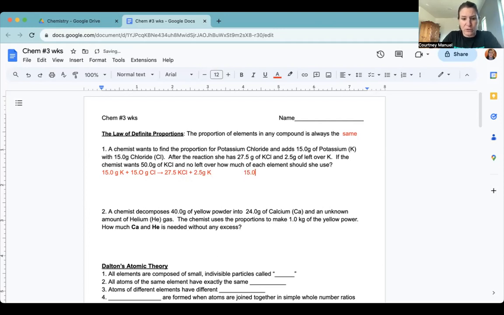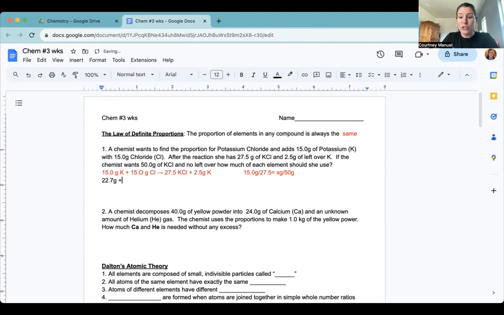So 15.0 grams of chloride divided by the end result of 27.5 potassium chloride is going to be equal to X number of grams of chloride over 50 grams of potassium chloride. Okay, so I took how many we used and how much we got, and I want to say, how much do I need if I need 50? So then you're going to do that math. So 15 divided by 27.5 times 50, and that's where you're going to get the number. For potassium, you're going to end up with 22.7 grams.